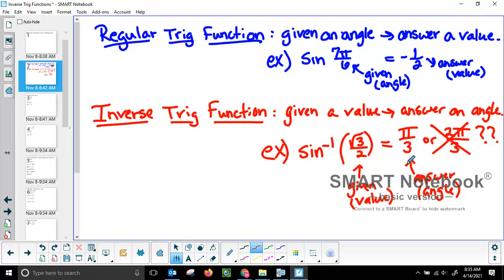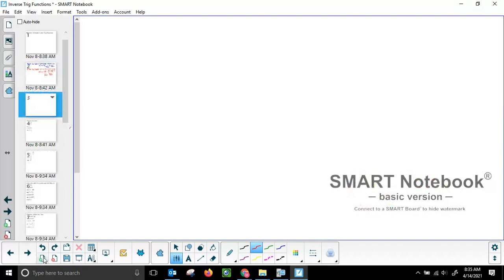The reason why: do we remember when we talked about inverse functions way earlier in the year, like Unit 2? We said that in order for a function to have an inverse function, it has to be what we called one-to-one.